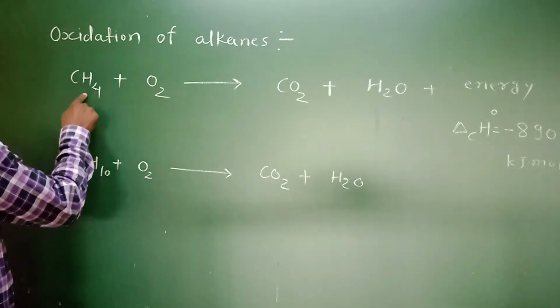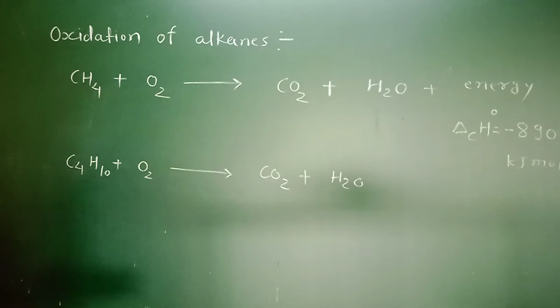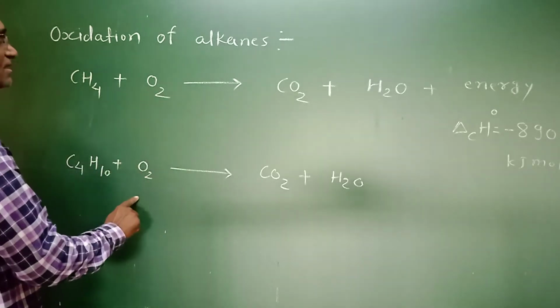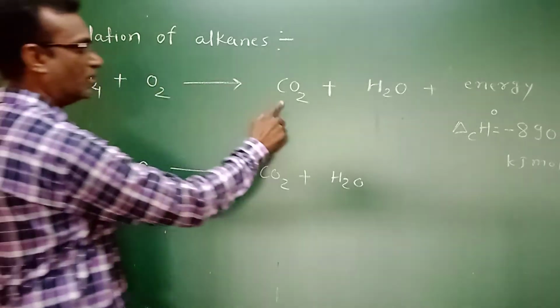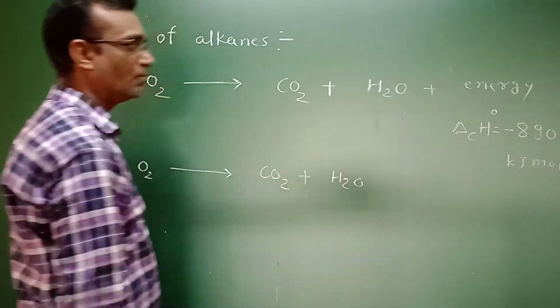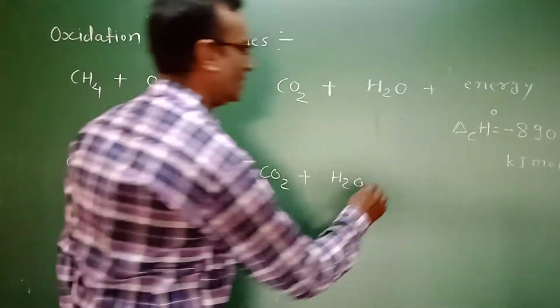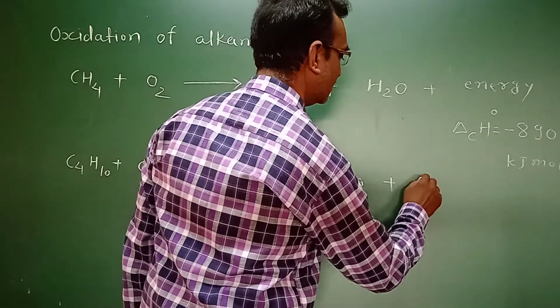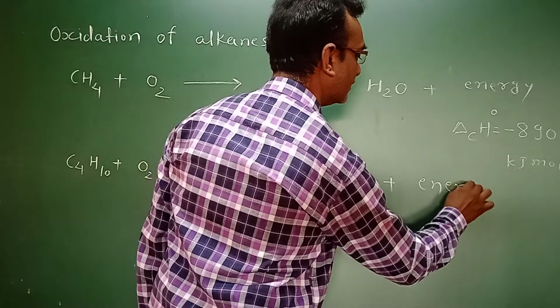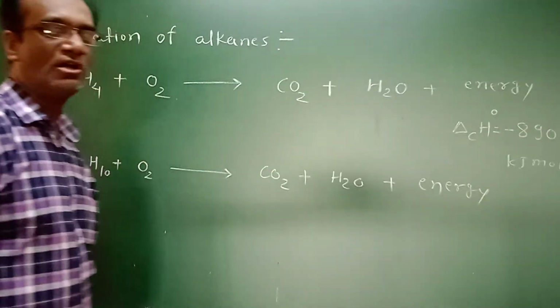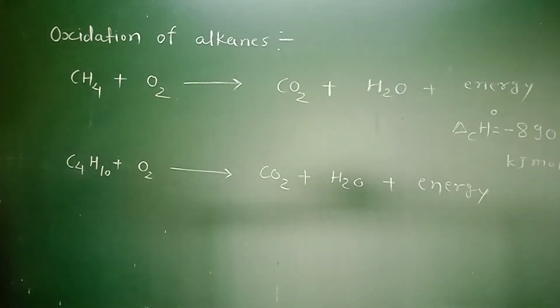That means if we use any one of the alkanes, it undergoes oxidation to form CO2 and H2O, and a large amount of energy is given out. That is known as heat of combustion or enthalpy of combustion.